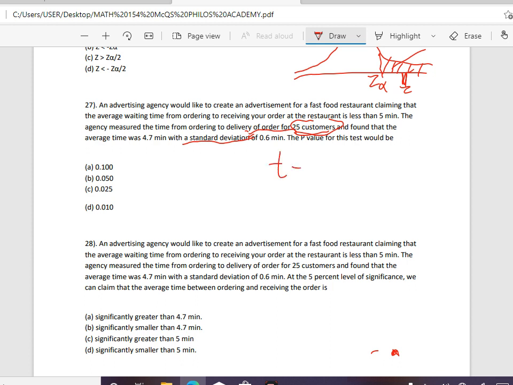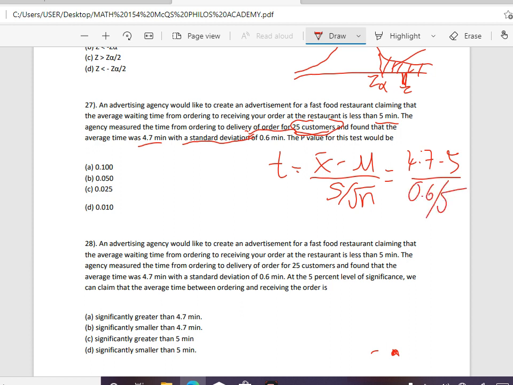The formula for T is sample mean minus population mean divided by sample standard deviation divided by root n. So what's our sample mean? Our sample mean is 4.7 minus what's our population mean? 5, divided by sample standard deviation 0.6 divided by root n, and our n is 25.